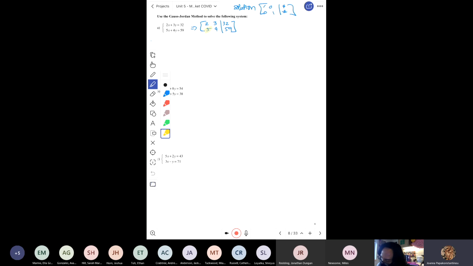Can anybody tell me row operations that would allow me to do that? Or I could just subtract 2 times. Either way, same thing. Doesn't matter. You just have to tell me what you're doing.